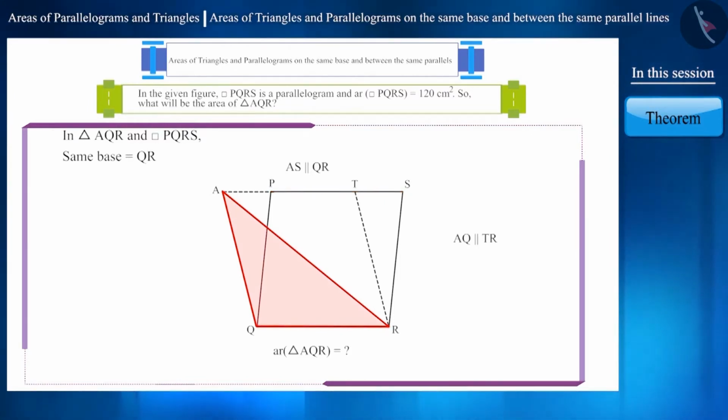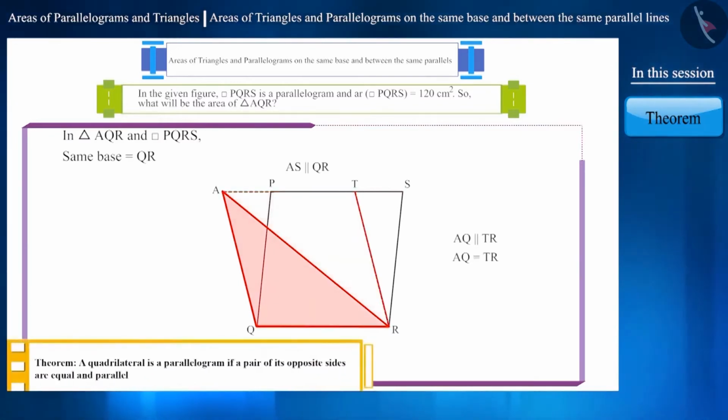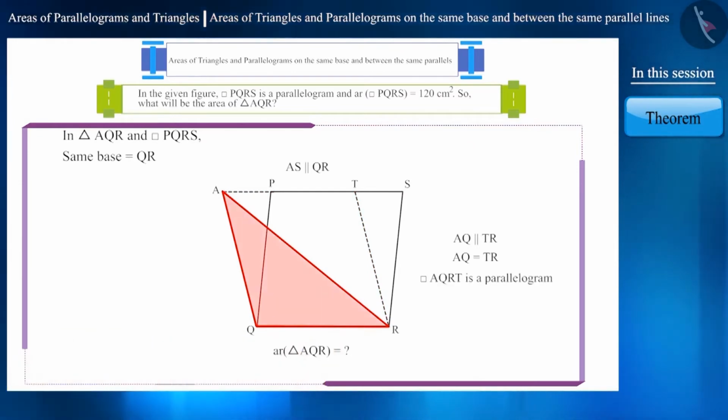Here, we can see that in quadrilateral AQRT, a pair of opposite sides are equal and parallel. Therefore, it is a parallelogram. Now, let's talk about the area of parallelogram AQRT.